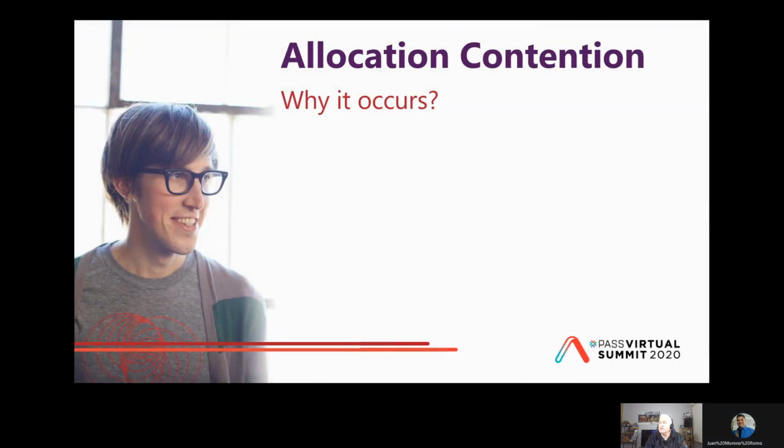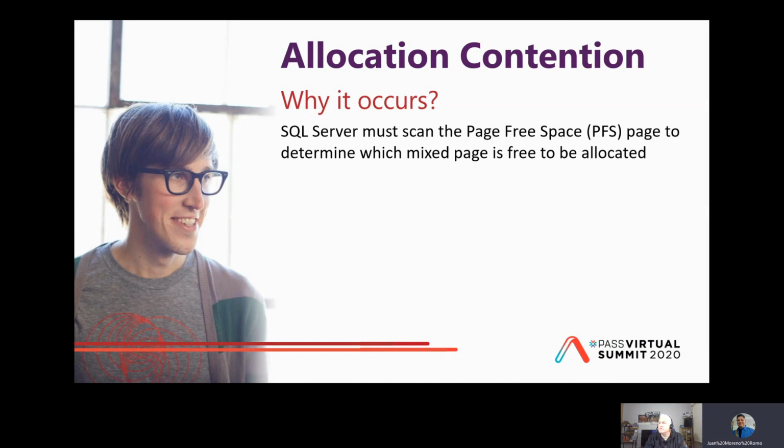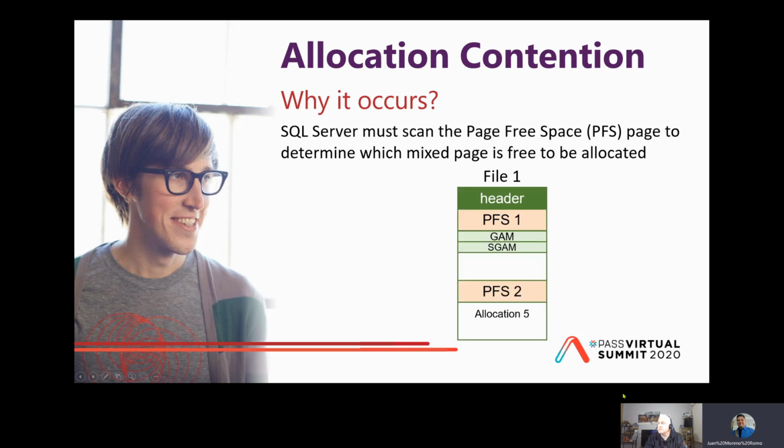It occurs because of the way we need to allocate all these records that we are inserting. We have something called PFS, page free space. This page free space is page number 1 on our tempdb file. Page 0 is the header, page 1 is the PFS, page 2 is the GAM, and page 3 is the SGAM. Later we will see what GAM and SGAM are.